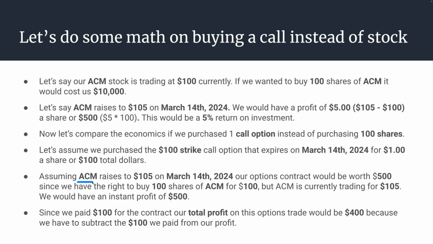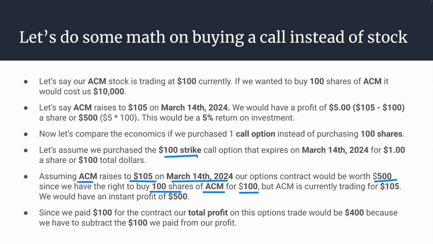Now let's assume ACM rises to $105 on March 14th, 2024. Our options contract would be worth $500 because we have the right to buy 100 shares of ACM for $100 because the strike price was $100.